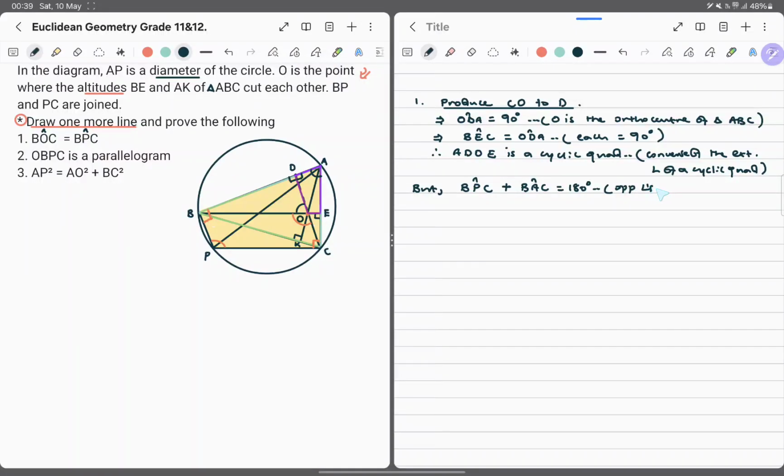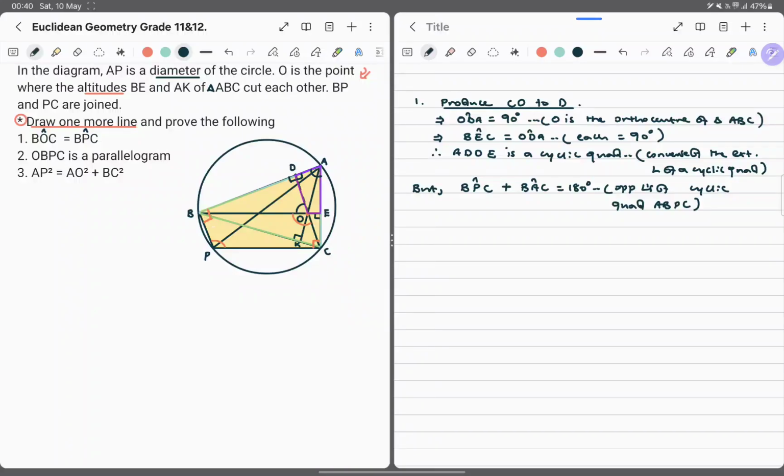These are the opposite angles of a cyclic quad. Perhaps let's not say of A, but of cyclic quad ABPC. Remember, we spoke about a different cyclic quad. We need to mention which one we are talking about.